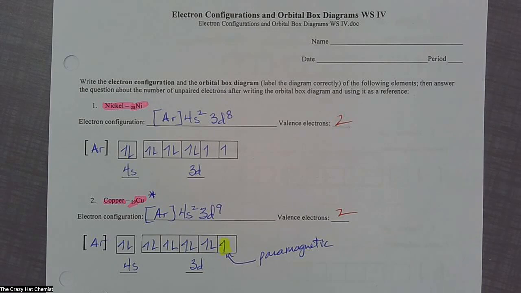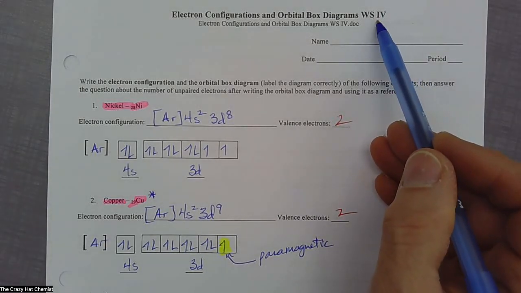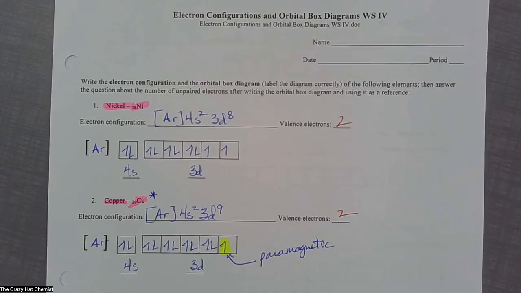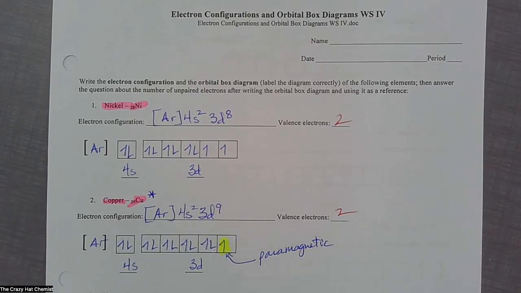But what I am discussing in all these 4 worksheets, that's worksheet 1, 2, 3, and finally 4, are the predicted electron configurations. So that's what we're going to stay with. If you want to go up into those higher levels of chemistry, then you will find out that the actual electron configuration of copper is different. Something for you to look at in some of my other videos for either honors or AP chemistry.